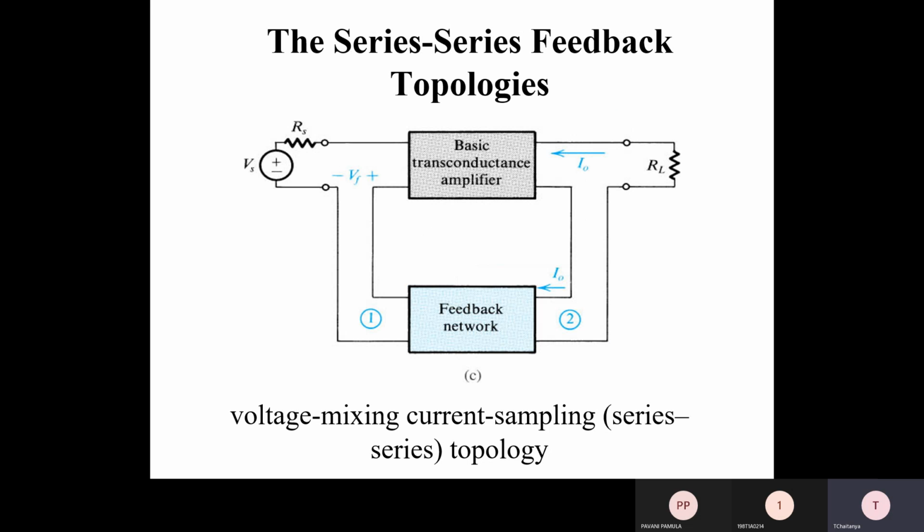Next, series comma series feedback. See here, it is not at all contacting the upper limit. Here the element passes in a series manner. We cannot observe any voltage being split up. So series here, also a series structure here. That is the series-series feedback topology.